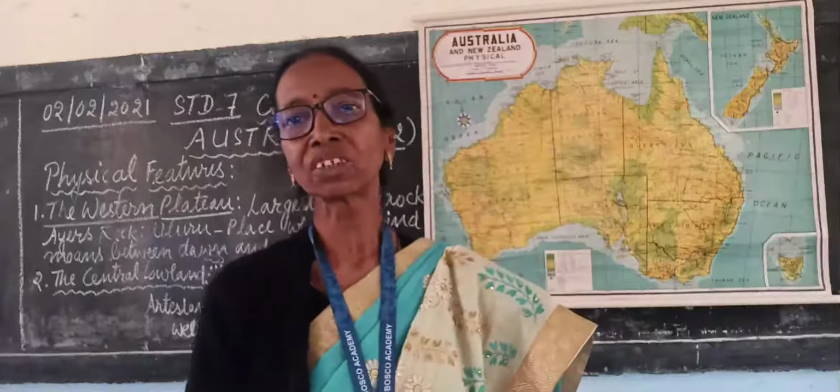What do you mean by an artesian basin? A saucer-like shape, a layer of pervious, porous rock, which is sandwiched by the impervious rocks, in the upper part or the bottom also.